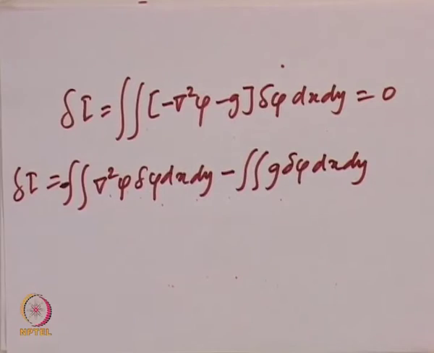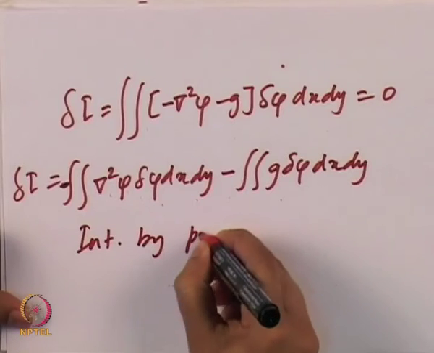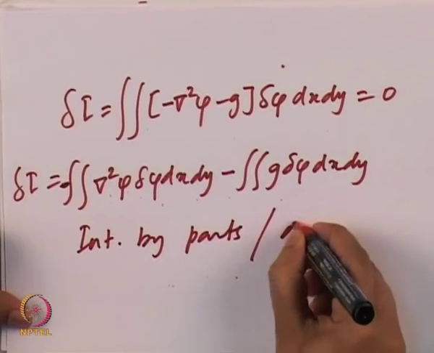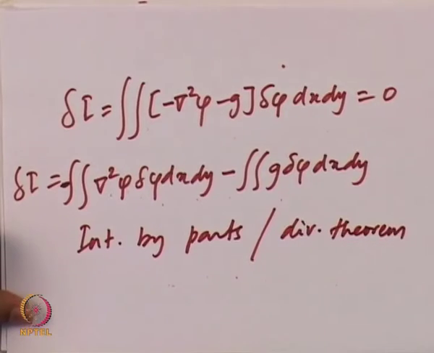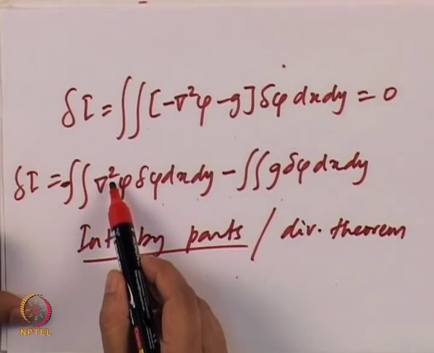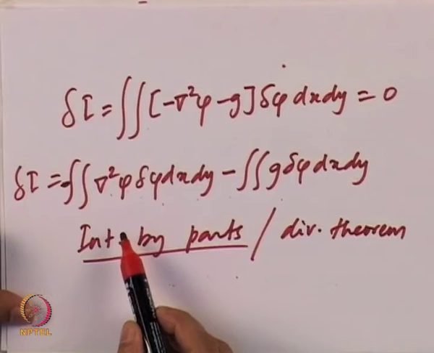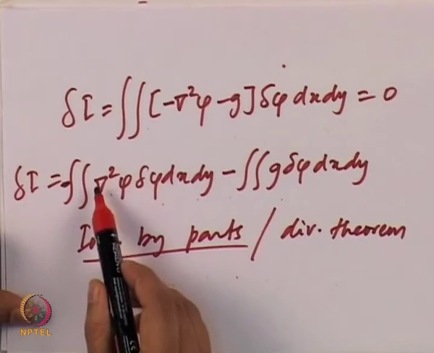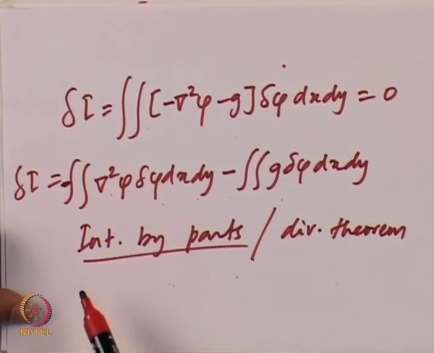In step number 2, I am going to apply either integration by parts or the divergence theorem. I will use integration by parts so as to transfer the derivatives onto the small variation itself. My idea is to change the derivative from the higher order derivatives directly onto the small variation.